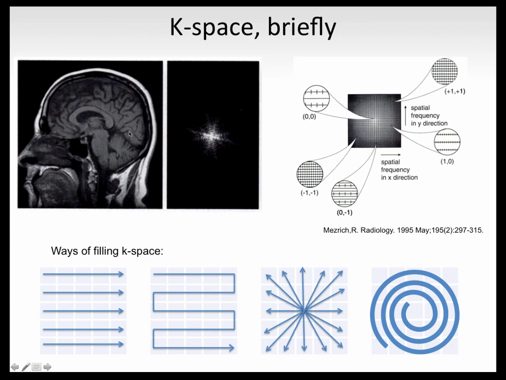I have an example of a little movie that should make this a bit more clear. There are different ways of acquiring the data in frequency space, and you can imagine what they are. There are some really obvious ways, by just going in a raster straight across, or you can zigzag across. There's a radial pattern or a spiral pattern.